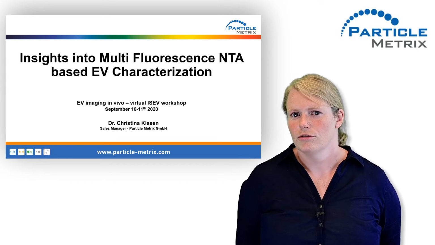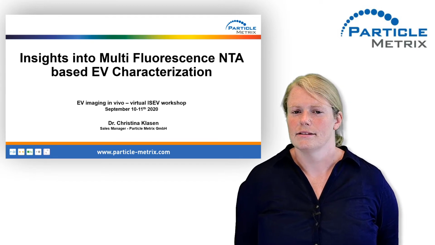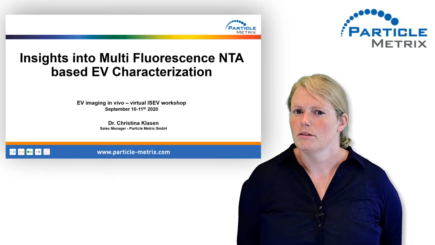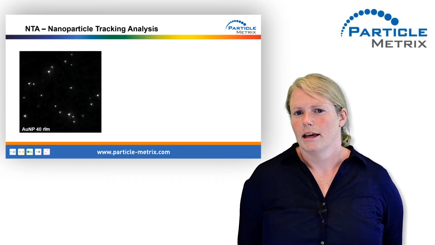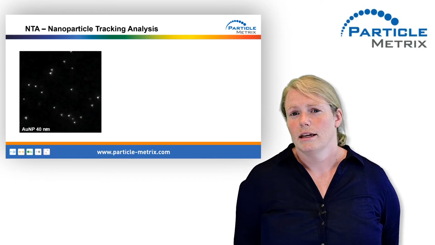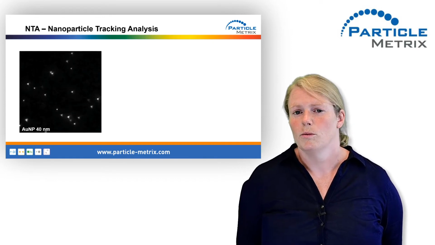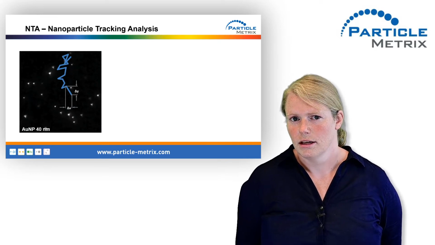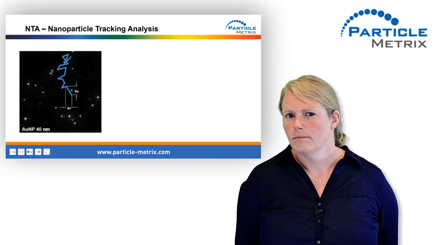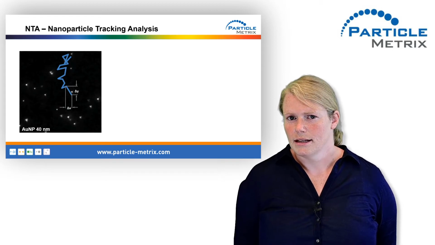I will start with a short introduction about nanotracking analysis in general to bring everyone on the same level. As you might know, with nanotracking analysis, we track the movement of small particles, like for example extracellular vesicles or exosomes. This movement is called Brownian motion and it is dependent on the particle size.